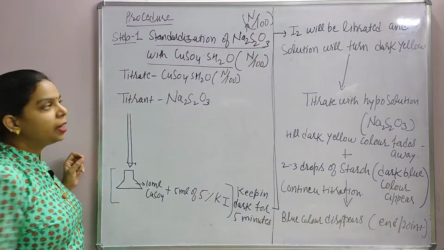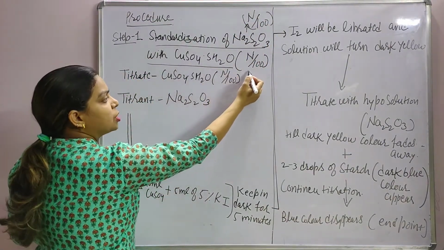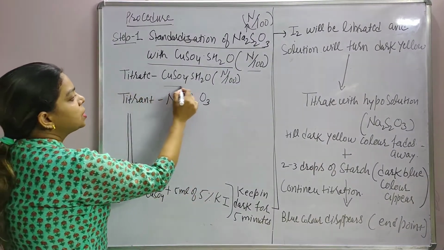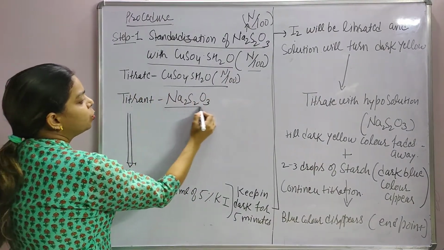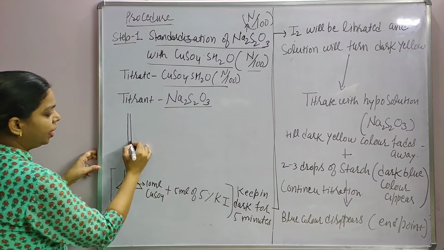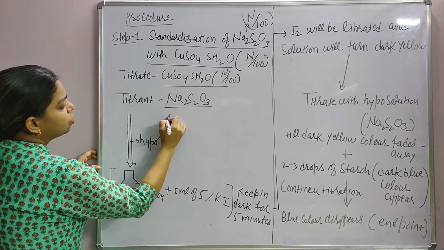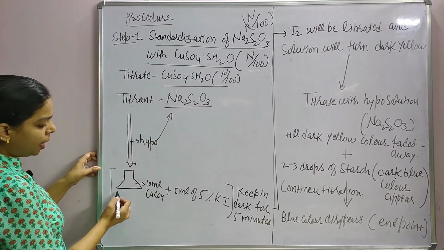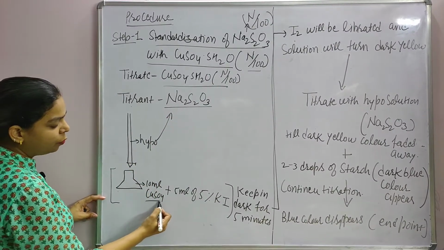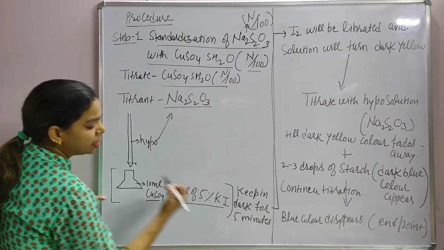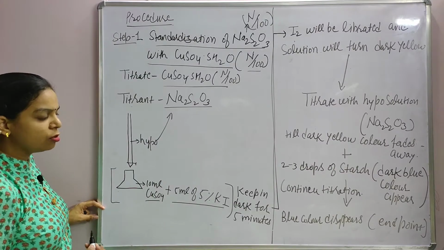We have to confirm it, and the standard copper sulfate is also made N/100. Here the titrate is copper sulfate and the titrant will be sodium thiosulfate. So we take hypo solution, this sodium thiosulfate, in the burette, and in the conical flask we take 10 ml of copper sulfate and 5 ml of 5% KI solution.